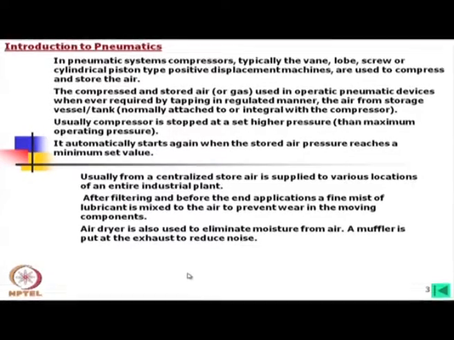An air dryer is also used to eliminate moisture from air. As I have told, you have to use an air dryer. A muffler is put at the exhaust to reduce noise. Muffler means the silencer, usually used at the exhaust point.